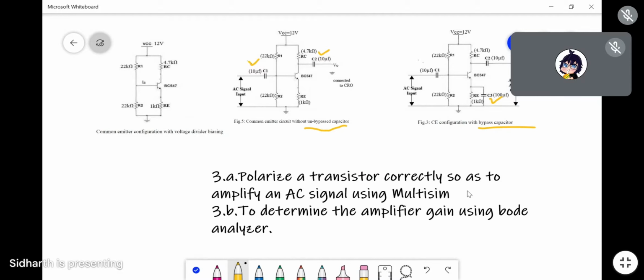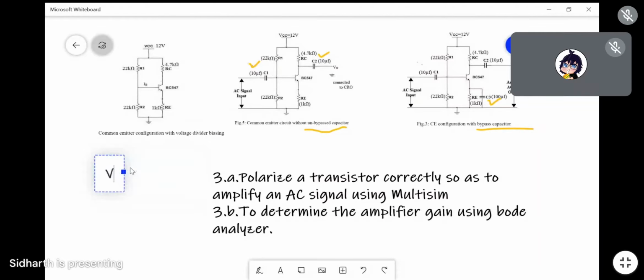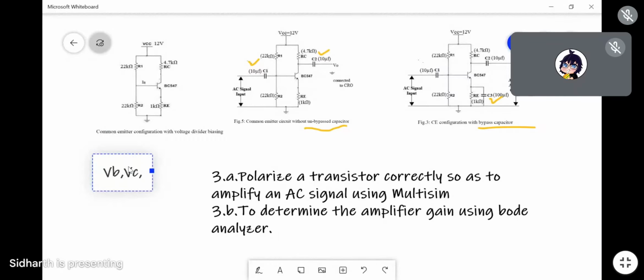I will write down the parameters: VB, then VC, then VE, IB, then IC, then IE, then VCE.